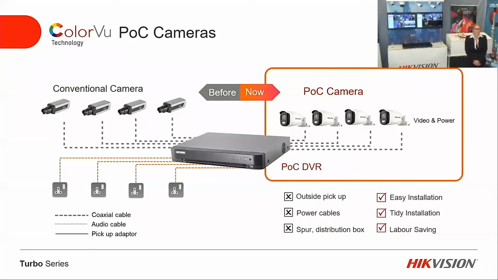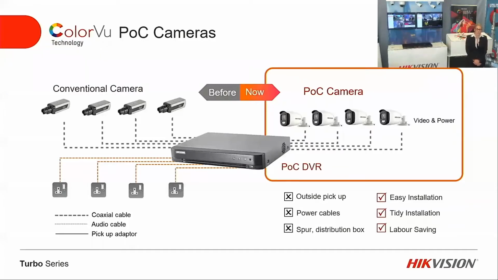Now, just looking at the systems and doing a quick comparison to what you may have put in before to what you could put in now. You've got the old conventional cameras there, the analogs, going into a recorder, and then you'll either have had local power supplies or a main power supply by the recorder in which you're having, I think, 2 cores to each camera. Instead of that, we simply have these cameras going over coax to the recorder, and no need for any additional wires, no power cables.